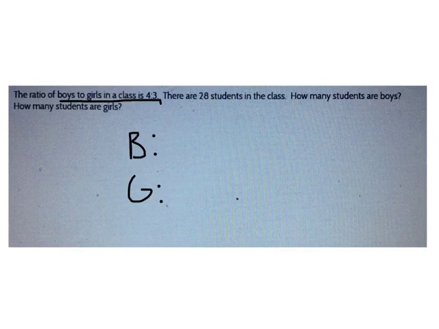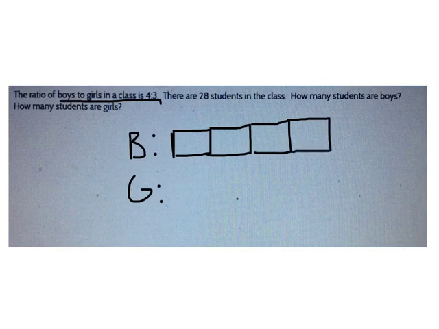How many boxes should I draw for boys? I should draw 4. Boys represent the 4 in the ratio. How many boxes should I draw for girls? I should draw 3.